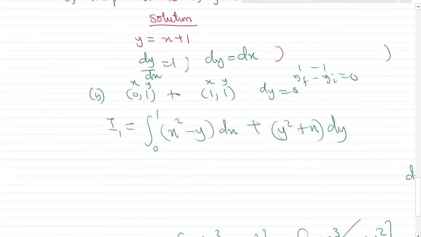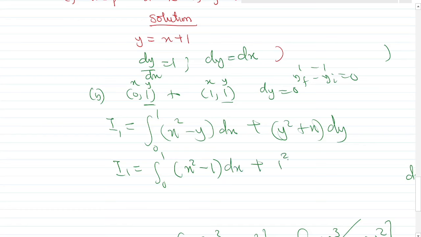So we already see that dy is equal to 0. So I1 will be the integral from 0 to 1 of x squared minus y, and y is a constant, it doesn't change, and it is 1. So you have to replace y with 1 in that case, not with x plus 1 again, because y is not x plus 1. So now we have dx plus 1 squared plus x dy.